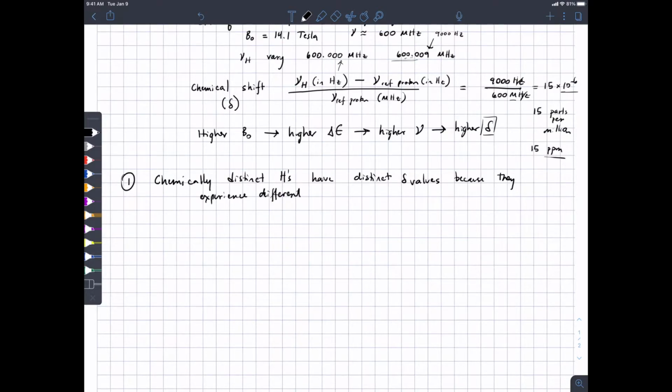And what we mean by different environments is they experience different local magnetic field strength. So if one proton experiences a different field strength than another because of factors we will talk about, it will experience a different delta E, a different resonance frequency, and therefore a different chemical shift.